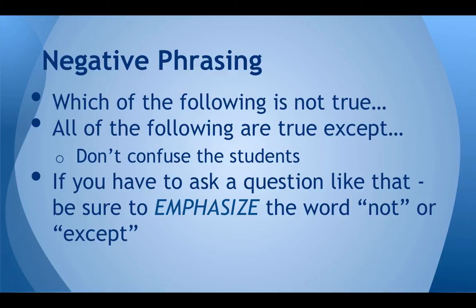You can use capital letters, you can use italics. Definitely try to minimize the use of negative phrasing in questions because it slows the students down. They not only have to know the answer to the question, but they also have to figure out what question exactly you are asking. So in terms of giving a speedy test, try to avoid using negative phrasing.